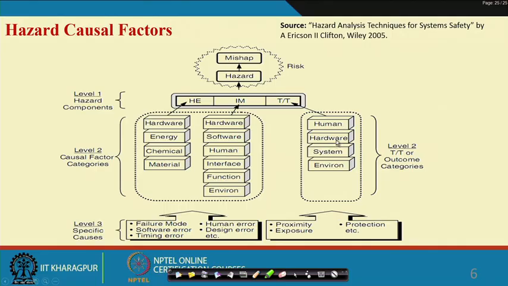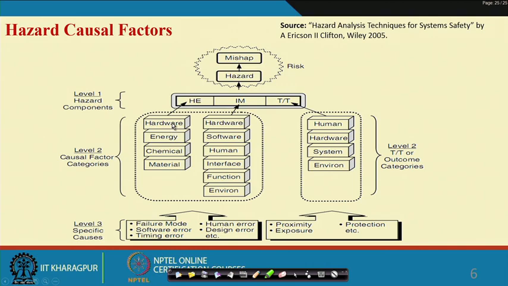Human is the people, hardware and system is the property, and then environment. So target and threat will be either people, property or environment, or in combination. When you identify the hazard, you find the different related components, and they are level 2 causal factors.